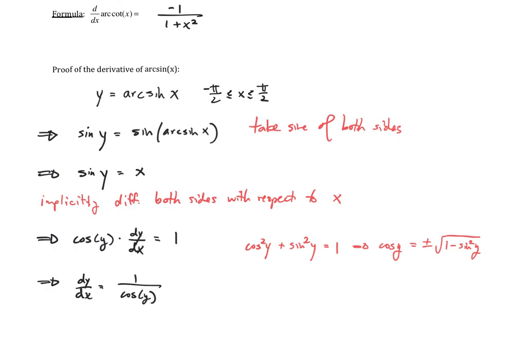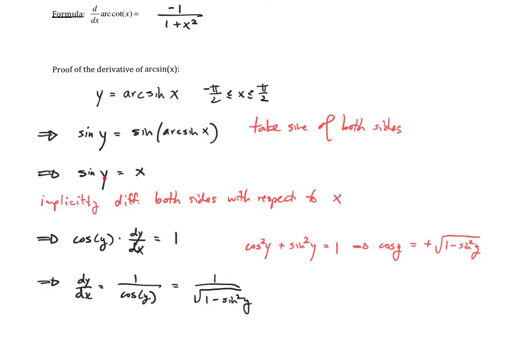For y values from negative pi over 2 to pi over 2, cosine is always going to be positive. So really, I could get rid of that plus or minus, and just take the positive square root. So using that fact, my derivative becomes 1 over the square root of 1 minus sine squared y.